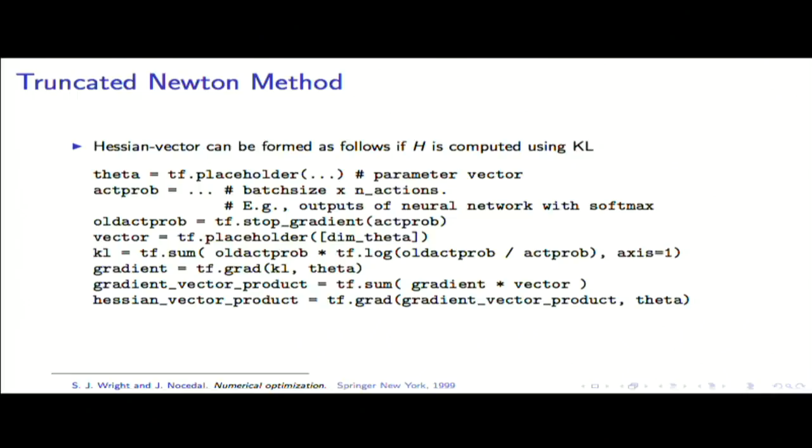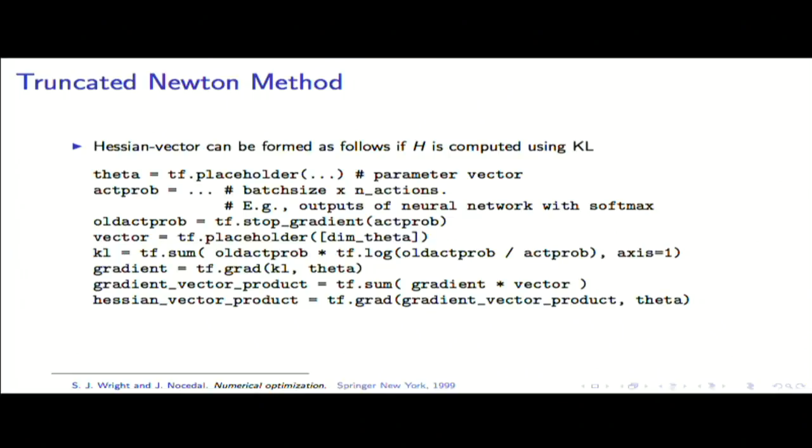But what we can do instead to get the same result is to use a stop gradient operation, which tells the automatic differentiation software that it should pretend this is a constant after it does the forward pass. This is a trick you can use with TensorFlow or Theano or probably any other autodiff software. So you do this stop gradient, and then you construct the KL divergence.